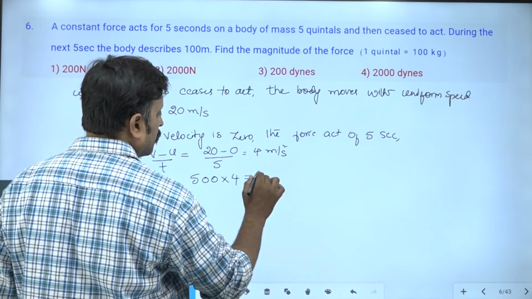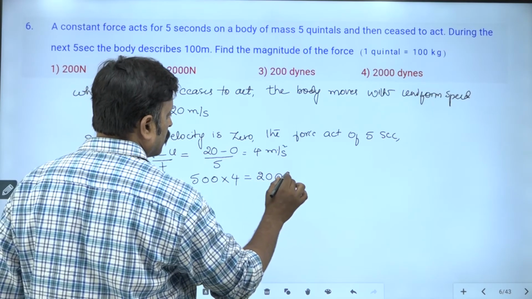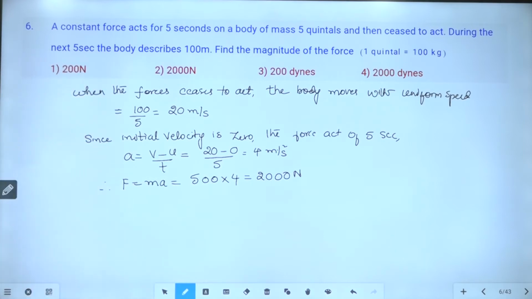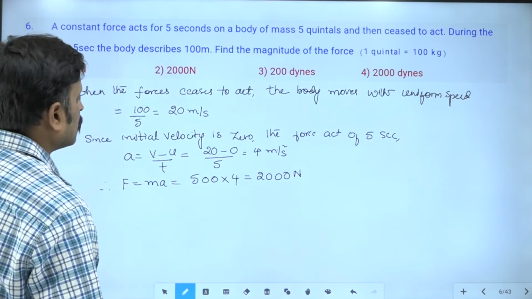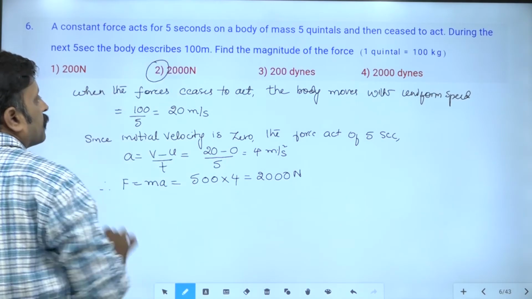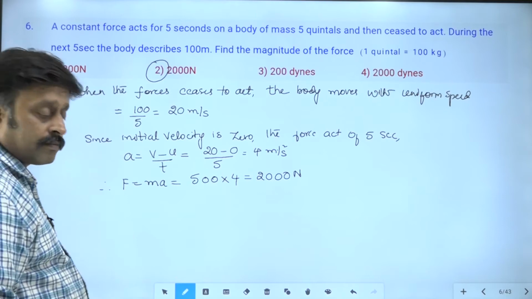So how much? 2000 newtons is the required answer. Newton is the SI unit. So the second option is correct.